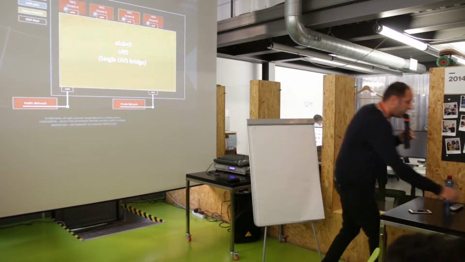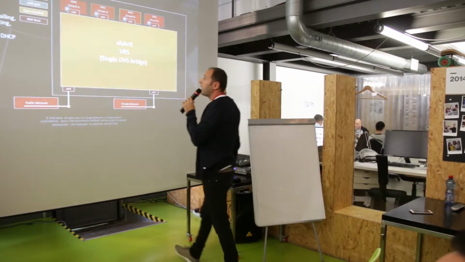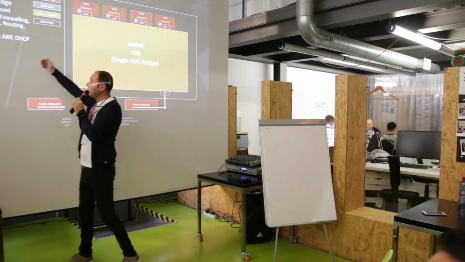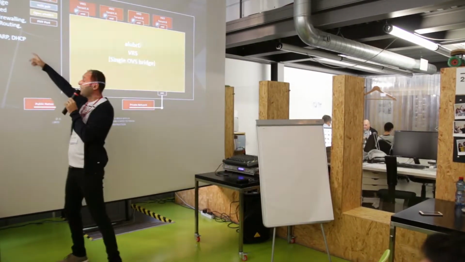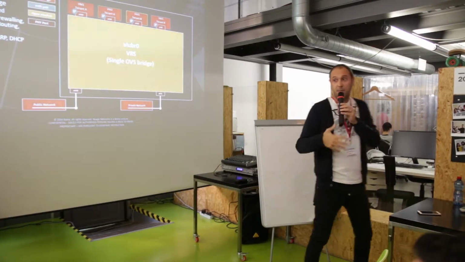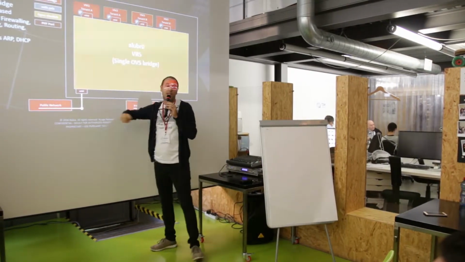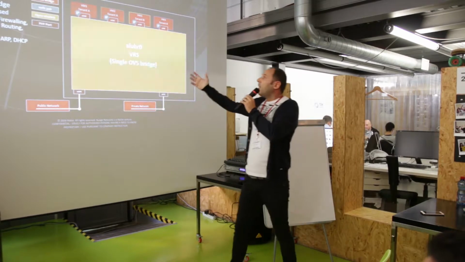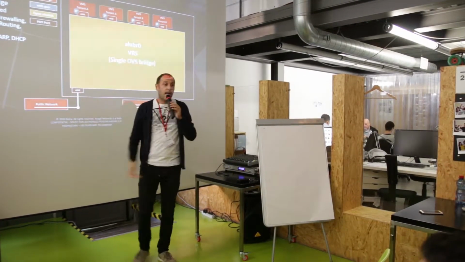So what functionality can we implement in this? Of course, we can perform switching, routing, NAT. We can process locally ARP and DHCP. So these functionalities are always implemented in a distributed fashion. Why? Because when a tenant needs to talk with another tenant, we don't need to flood any traffic.